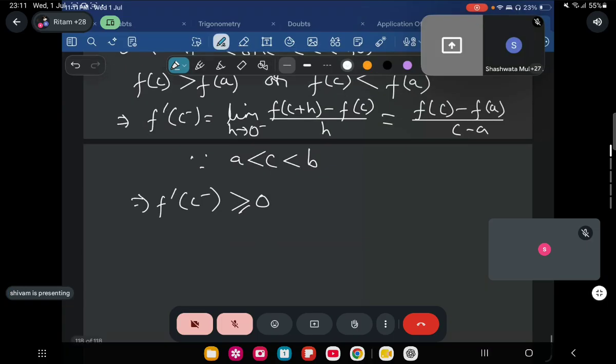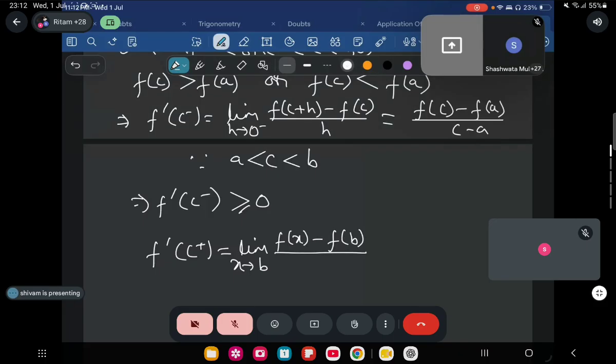Next. Let us talk about f dash at c plus. f dash at c plus will be equal to limit x tends to b of f of x minus f of b upon x minus b.